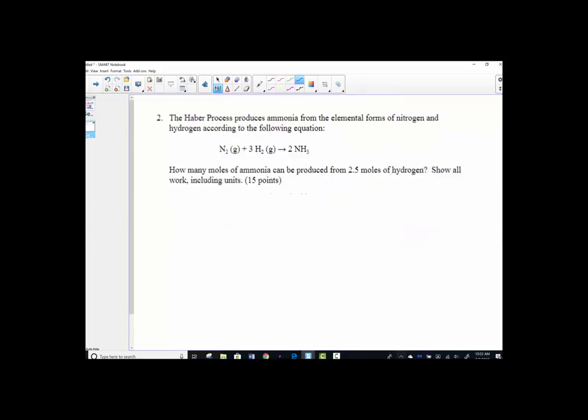Now the second one, that actually has us solving a problem, and let's read through this as well. It says the Haber process produces ammonia from the elemental forms of nitrogen and hydrogen according to this equation. 1 mole of molecular nitrogen reacts with 3 moles of hydrogen, forming 2 moles of the product named ammonia, NH3, a 1 to 3 to 2 mole ratio.